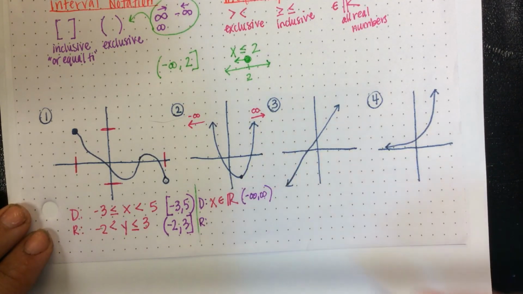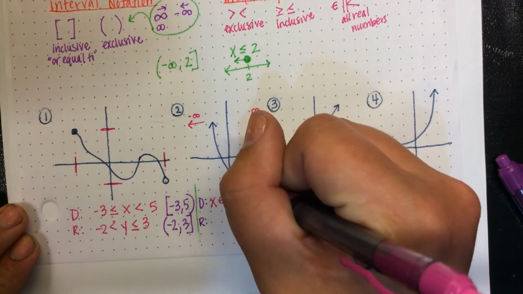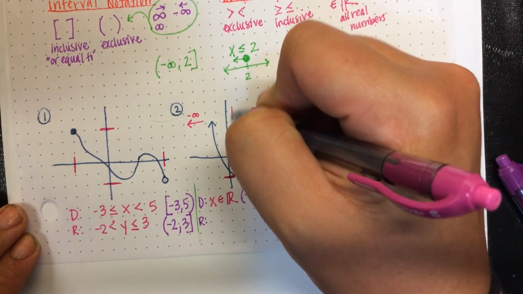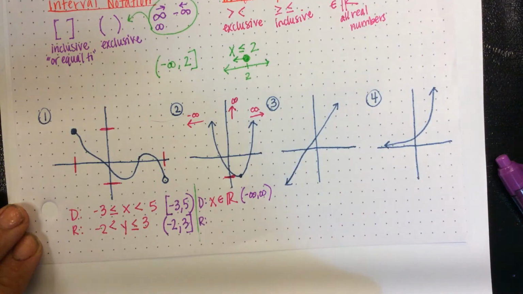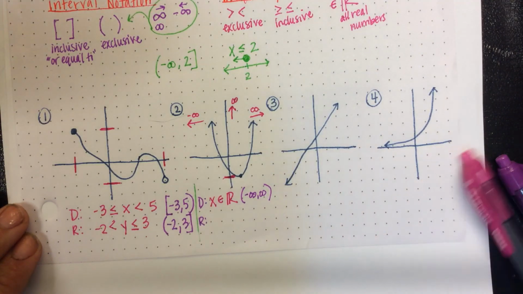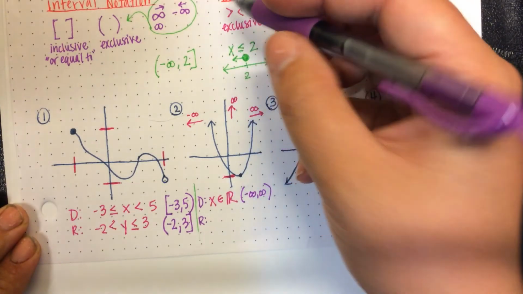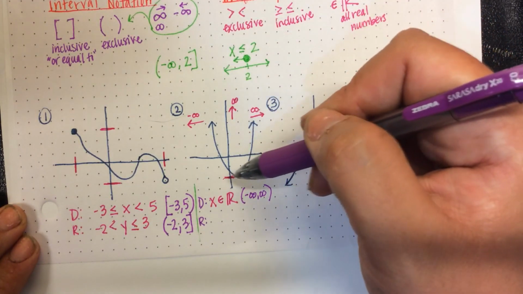All right, then our range. For the range, I do have a minimum value. I have a bottom down here, but then it's going to go up forever. So if I go up, I'm getting positive, so that's going to be my positive infinity. So now for an inequality, I start here and I go up forever. That means I want all the y values that are bigger than this bottom value.